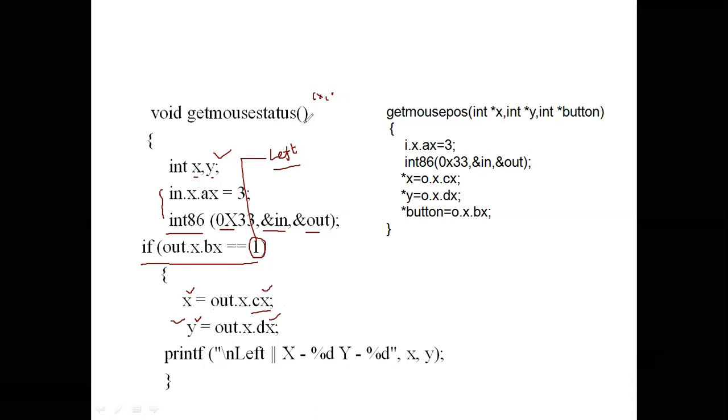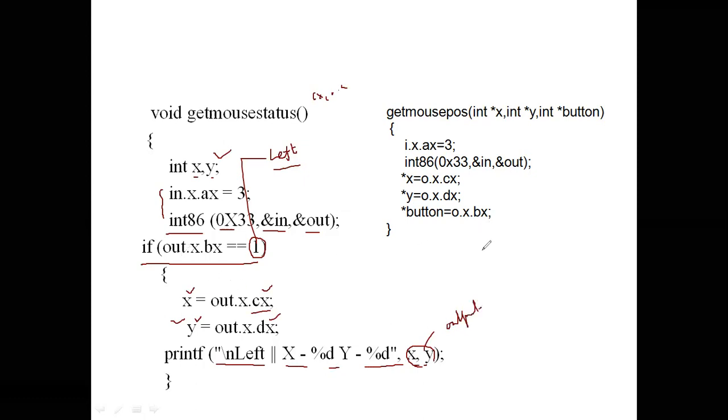So after this I am printing that the left button is pressed and what the value of x and the value of y is, as an output. That is received by this.